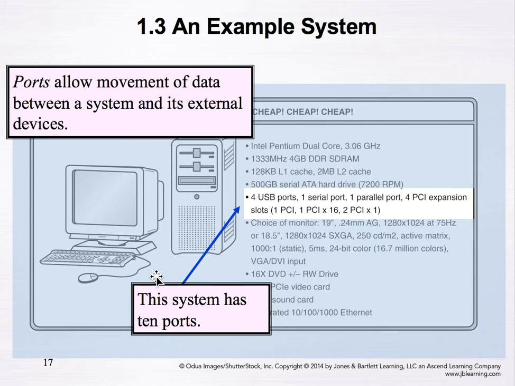We also can see that the system has several ports that allow the movement of data between the system and its external devices. Basically, you can see right here that there are 10 ports that allow the system to connect to external devices. So we have 4 USB ports, 1 serial port, 1 parallel port, 4 PCI expansion slots.